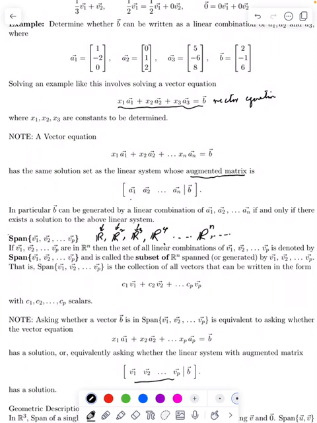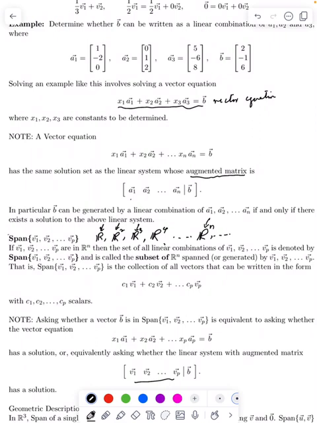If our vectors lie in Rn, then each vector will have n components, or n numbers in it. The number of vectors is p, and p could be different from n or the same as n.